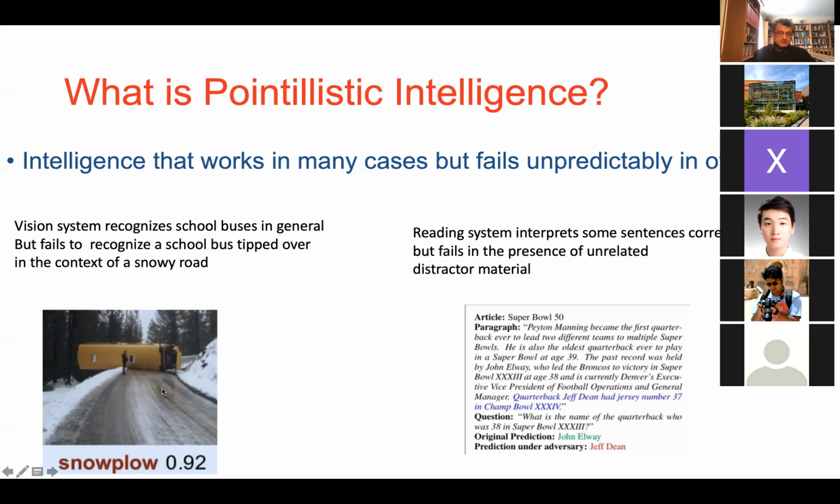And to be able to say it's a school bus, but it's not just a school bus recognition, it's more than that. Or here's an example of a reading system where we have some paragraph, it is able to interpret it. And we ask a question based on all this text, what is the name of the quarterback in Super Bowl 23? It is able to give that answer. But then they threw in one sentence at the end saying quarterback Jeff, some other quarterback had a certain jersey, and he was in Super Bowl 24 rather than 23.